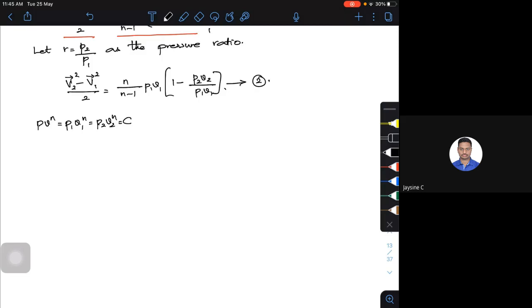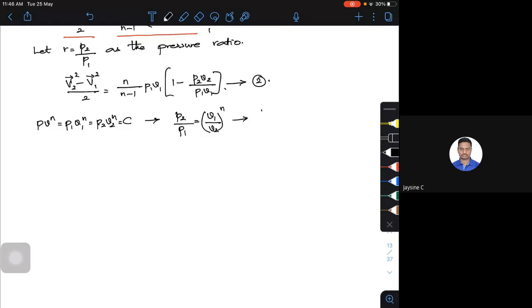So if I go by this particular thing, what will happen? P2 by P1, I can write as V1 by V2 whole to the power of n, or I can write V2 by V1, whichever way I want.